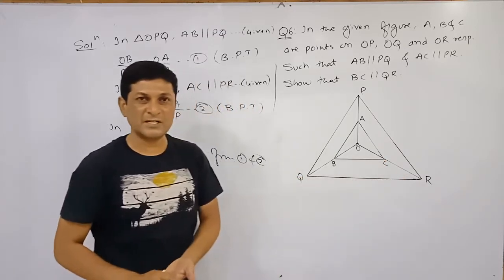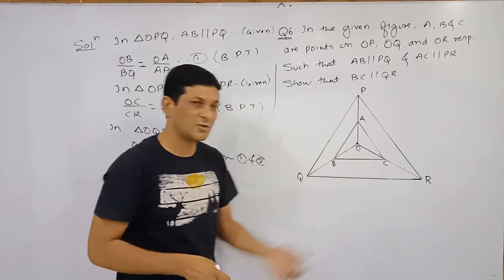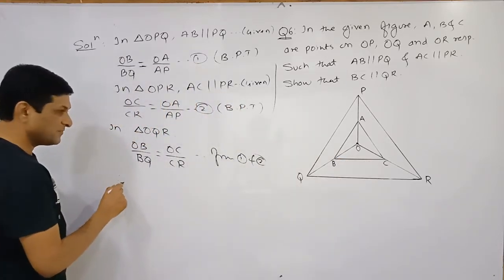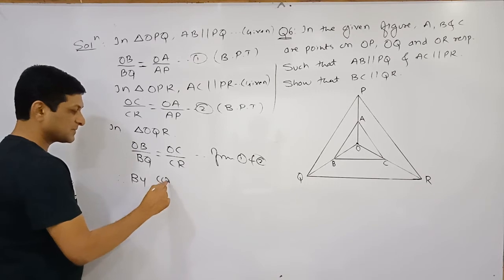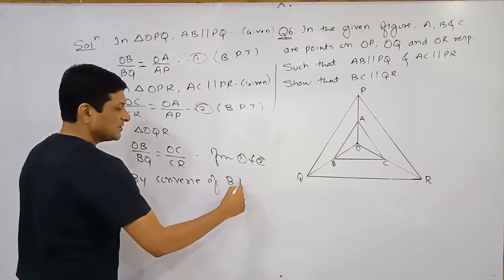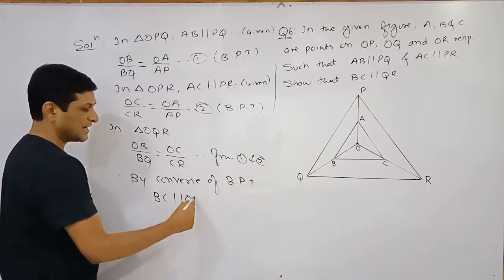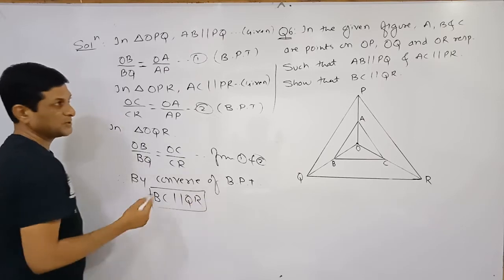If this condition is satisfied, then according to the converse of BPT, what is your conclusion? BC is parallel to QR. So by the converse of BPT, BC is parallel to QR, and this is the result which we have to prove here.